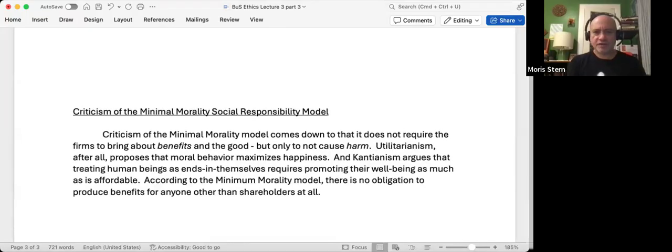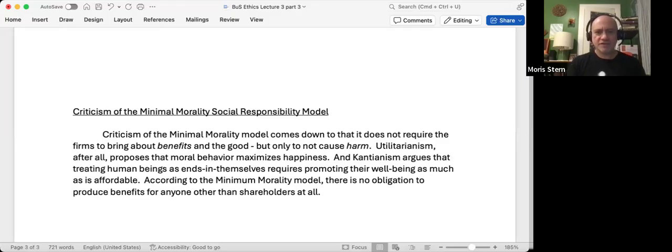Onto the criticism of the minimal morality social responsibility model. Criticism of the minimal morality model comes down to that it does not require the firms to bring about benefits and the good. It only requires firms not to cause harm. Utilitarian, after all, proposes that moral behavior must maximize happiness and not simply avoid suffering.